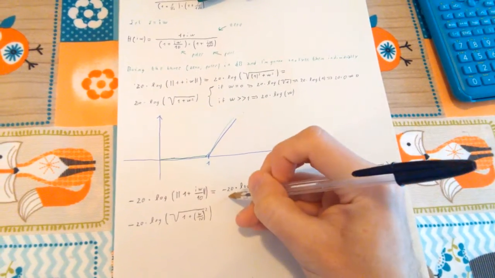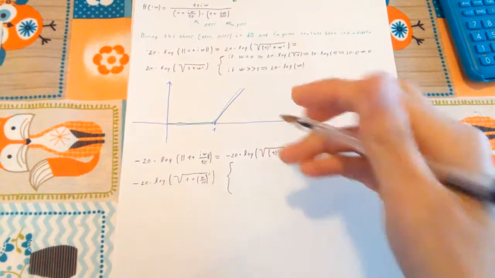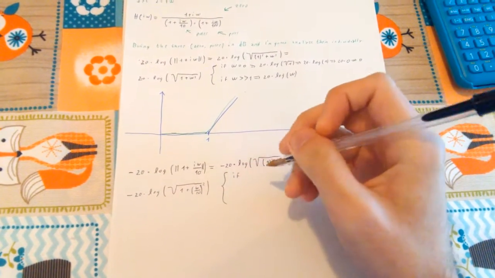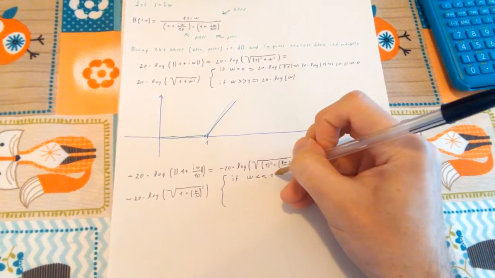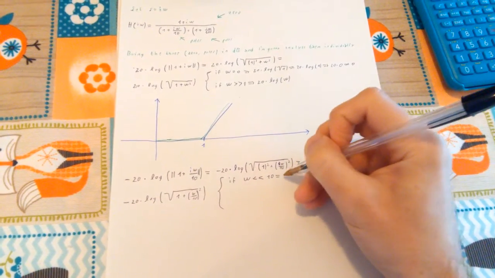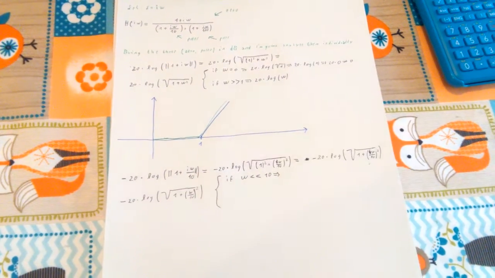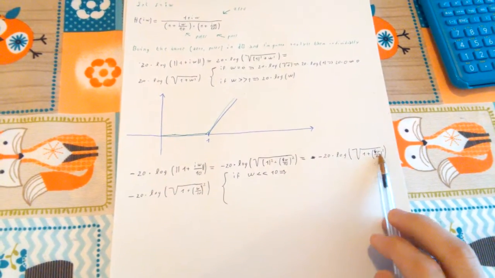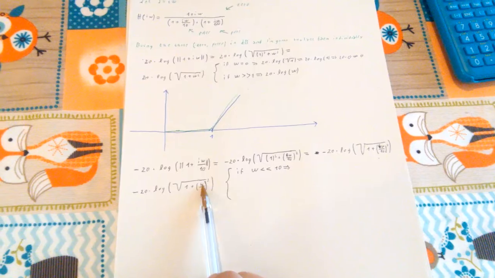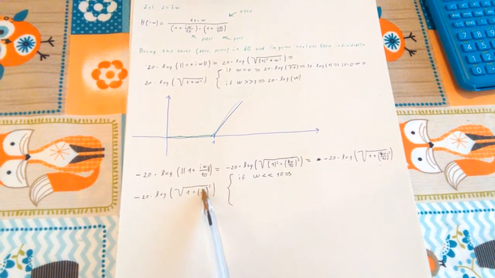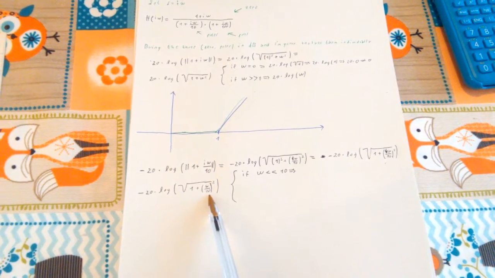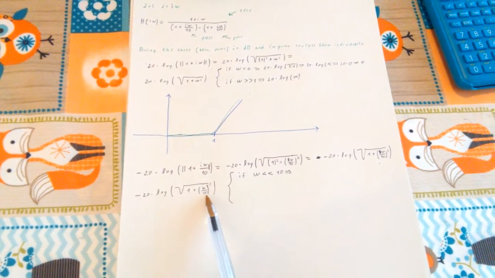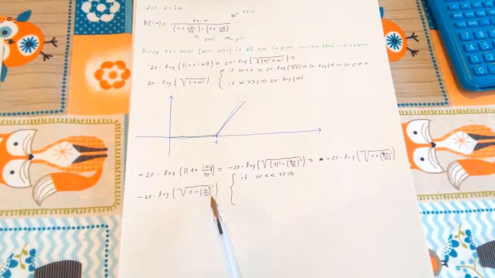Okay, now if we say the exact same thing, we're going to have if omega is way lower than 10, then what do we have? Well, omega is way lower than 10, okay? So basically we have something really, really small divided by something hugely big. So this is basically 0. This whole term is 0.